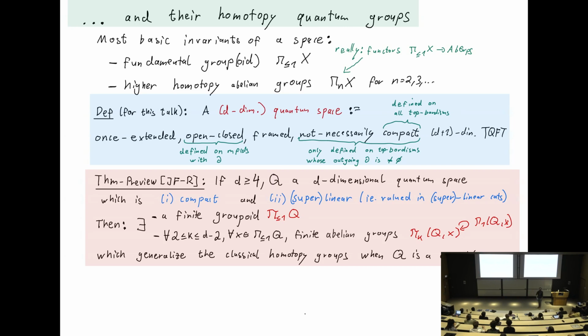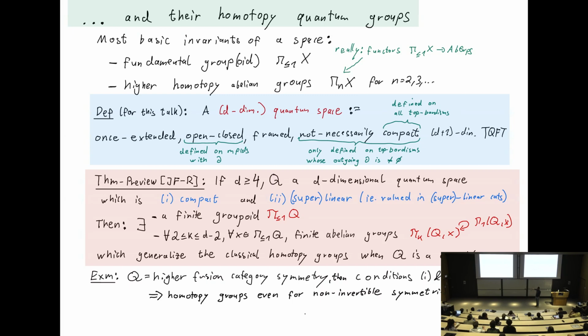Then I can extract from this data a finite groupoid, and for every n from 2 up to d minus 2, and every base point, a finite abelian group with an action by pi1. This is just something that I can extract. And this generalizes the classical homotopy groups when Q is a finite sigma model. So I can indeed define homotopy groups for non-invertible symmetries as long as I'm imposing these finiteness conditions.